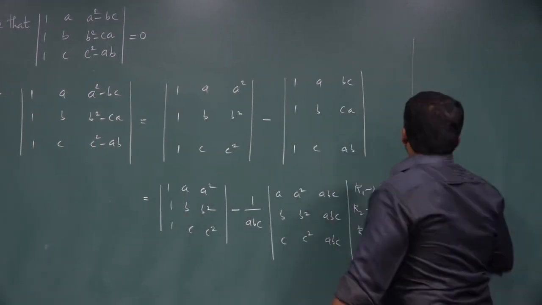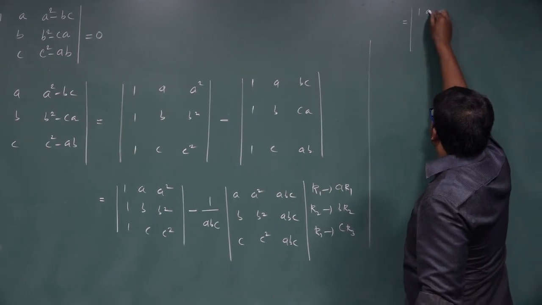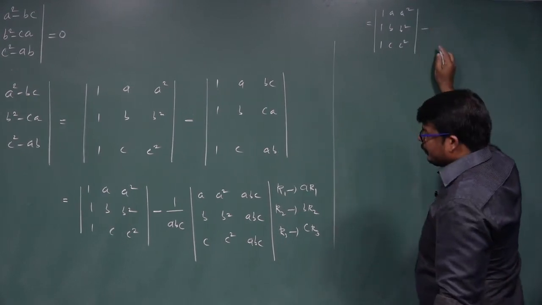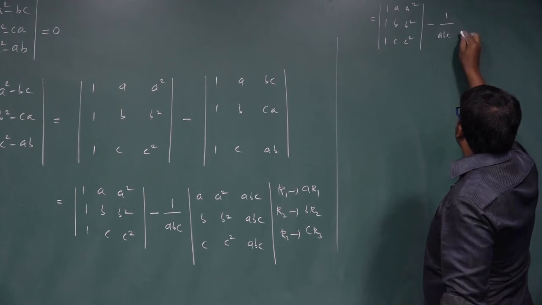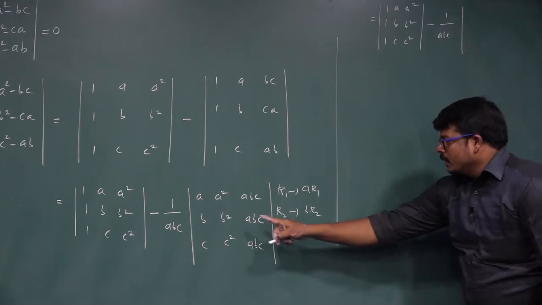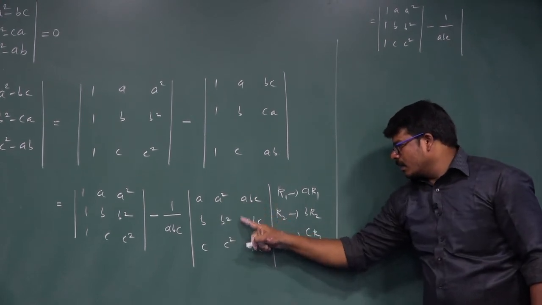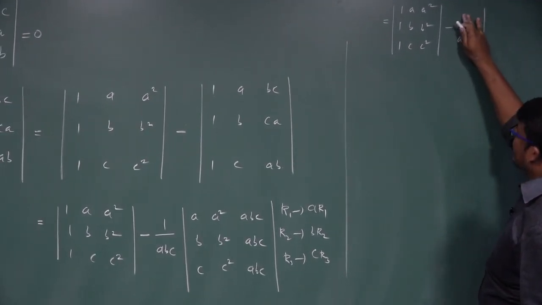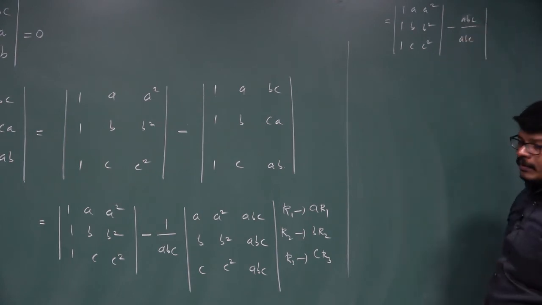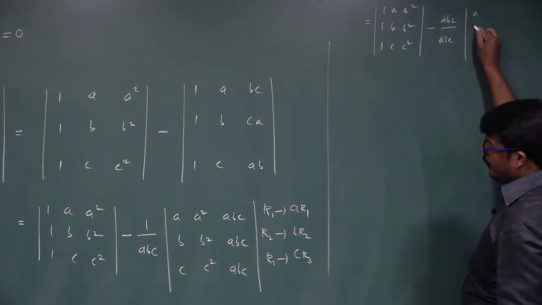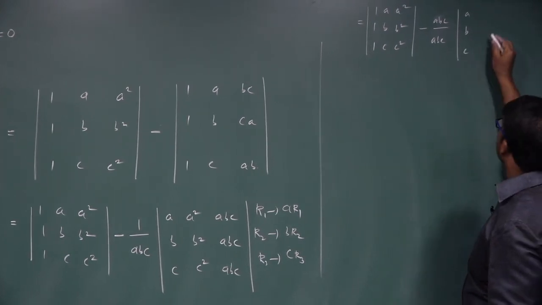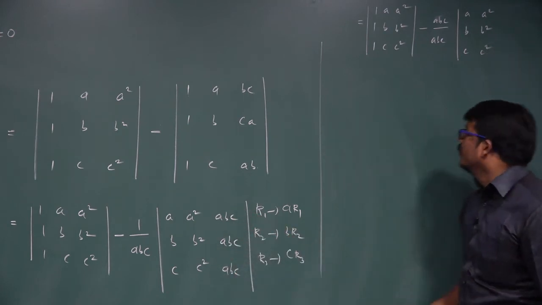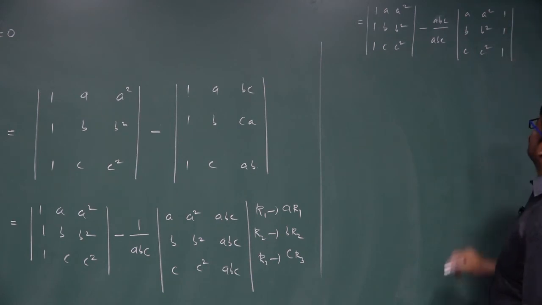The determinant is 1, A square, 1, B square, 1, C square, minus 1 by ABC times the determinant with first column A, B, C, second column A square, B square, C square, and third column ABC. Taking ABC common from C3, ABC goes outside, leaving 1, 1, 1.